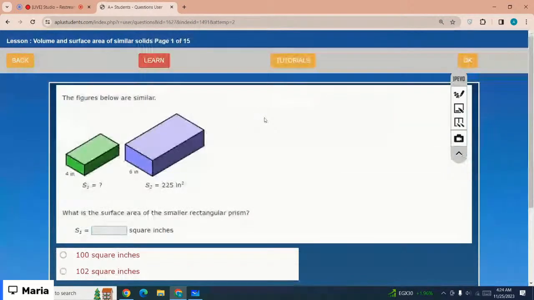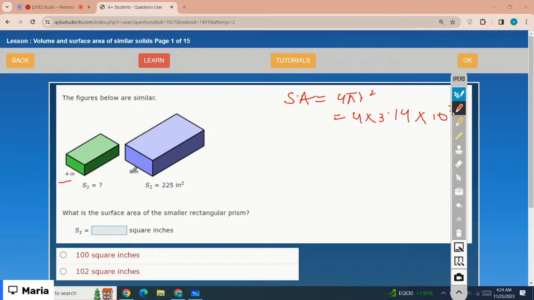Okay, what is the surface area of the smaller rectangular prism, right? So you have to calculate the surface area. Let's start with the similar sides. The similar sides are 4 inches and 6 inches, right? The surface area of the larger one is given, you have to calculate it for the smaller one. So a over b, the sides are 4 over 6, right?